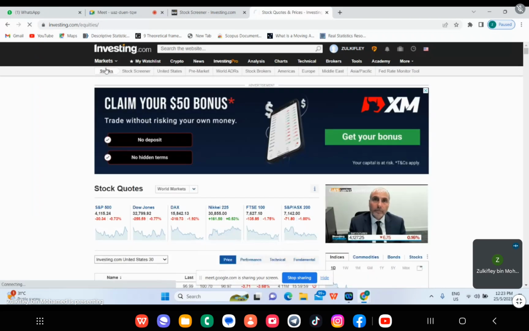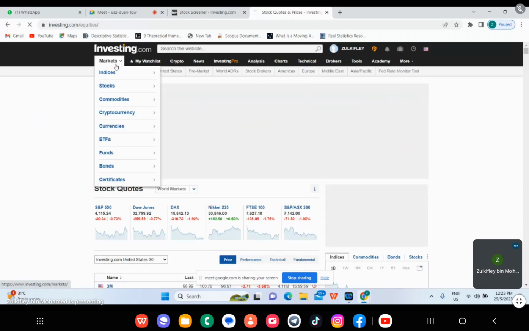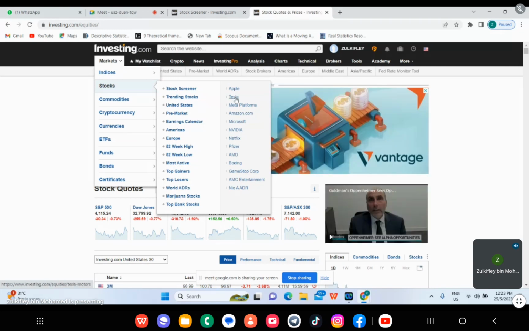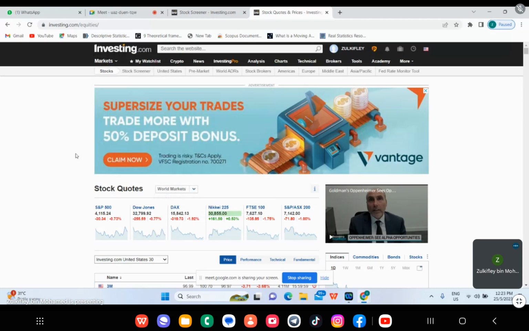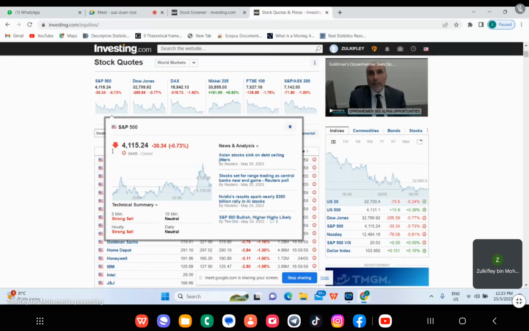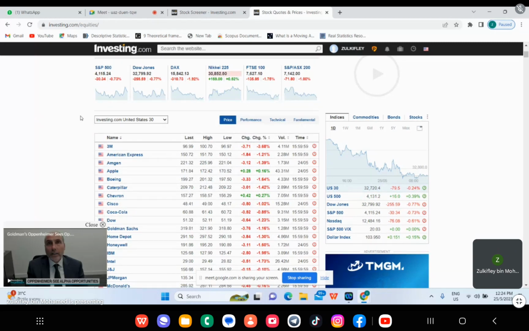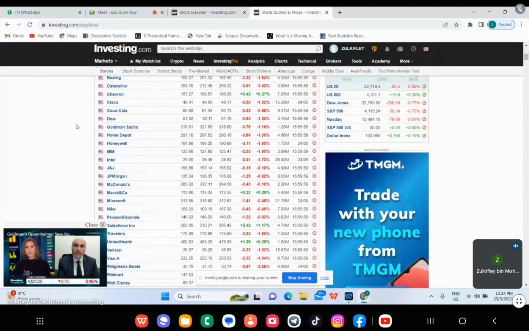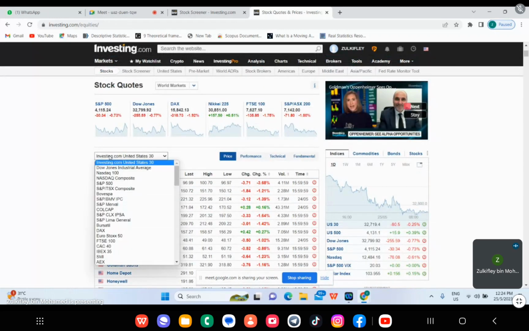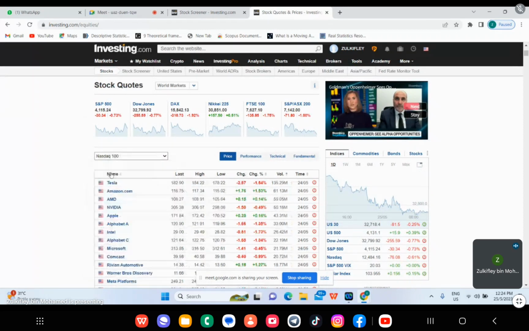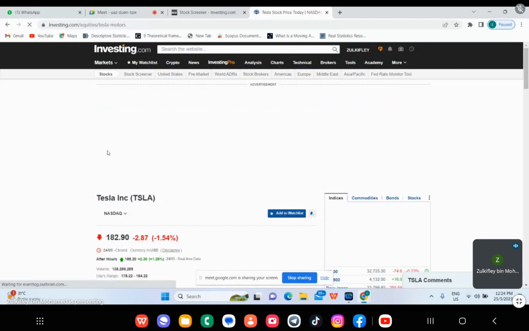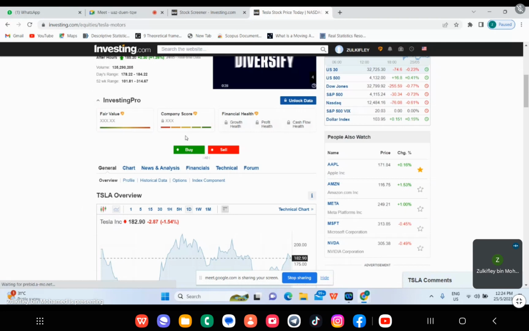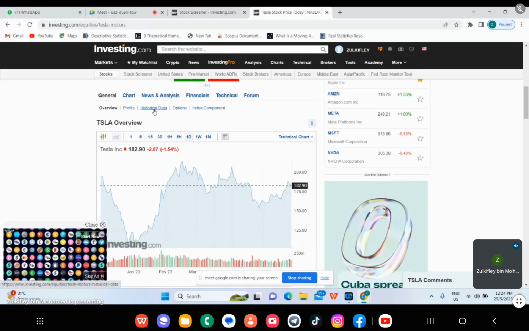Saya ambil Tesla dulu. Ataupun awak type Tesla ni. Nasdaq 100 is saham-saham teknologi. Tesla di consider. Okay, you pergi historical data.